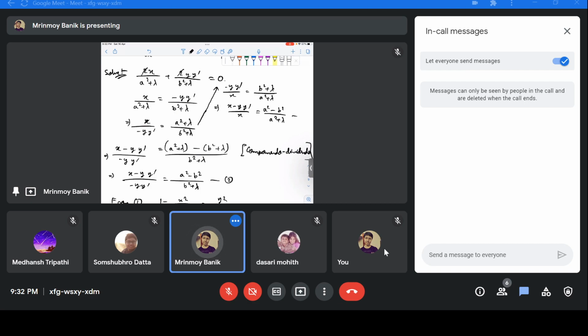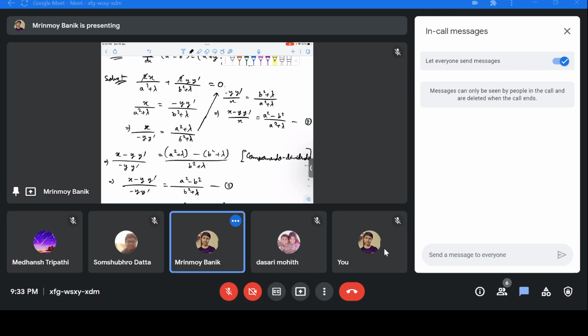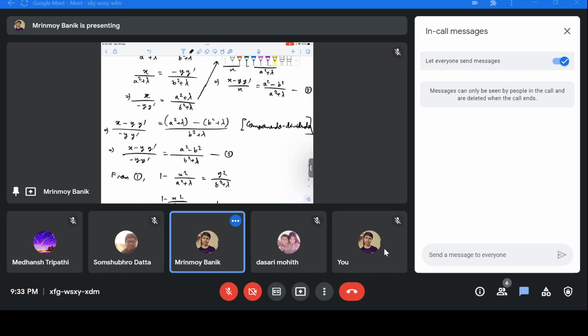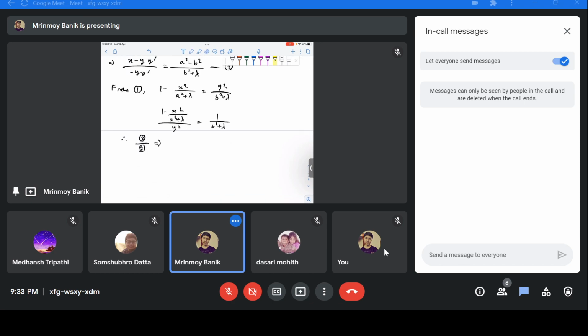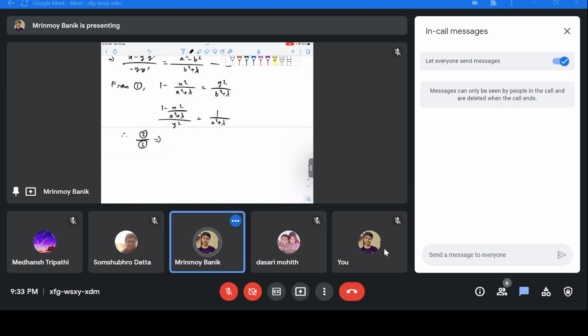Now we can divide 3 by 2. Or it's better to divide 2 by 3, since I want to keep b in the bottom.